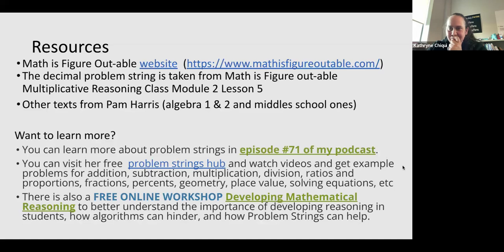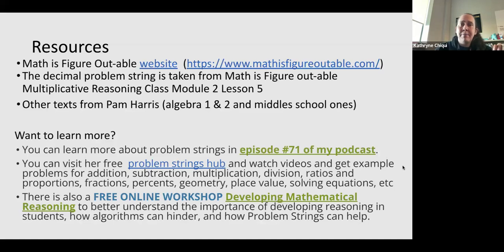Yes, Olivia. I've used problem strings as either a warm up to a certain topic, or if there's something that I'm seeing students need more experience with and they need some support in connecting ideas. Problem strings can be helpful for solidifying that during the lesson. It can be used as a preview to a lesson if you're wanting them to get some experience with certain numbers that might show up in a word problem or in a task.